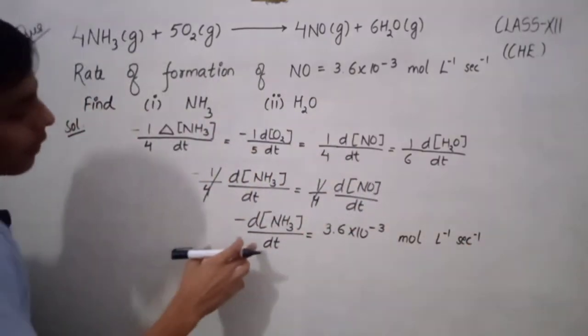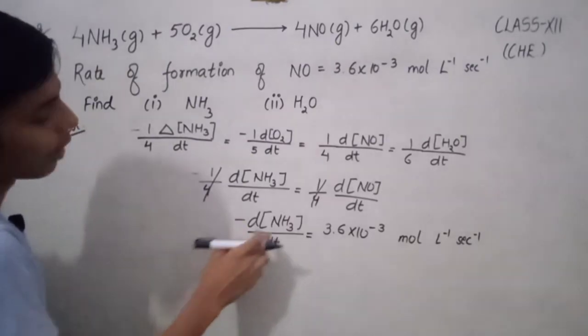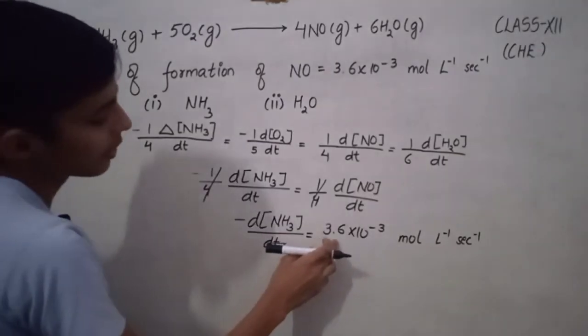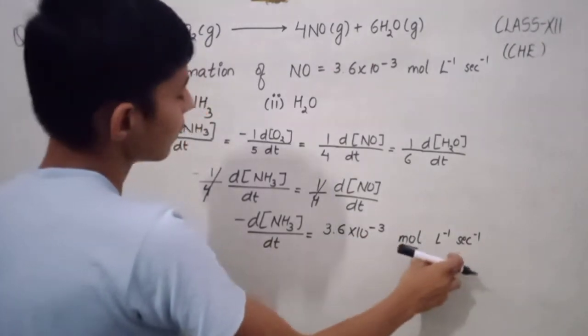So our first solution is the rate of disappearance of NH3 is 3.6 into 10 raised to the power minus 3 mole liter inverse sec inverse.